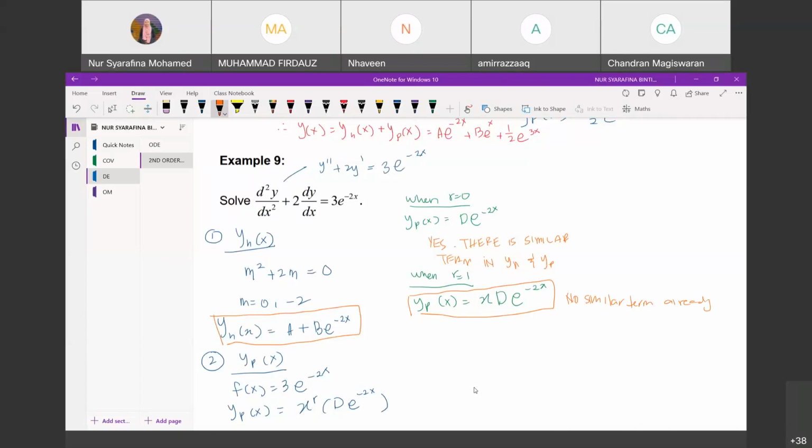What you need to do here is to match with the differential equation, y double prime plus 2y prime equals 3 e to the power of minus 2x. Your YP is x d e to the power of minus 2x. Just find your YP prime and YP double prime, substitute and find the constant. All right, try it.